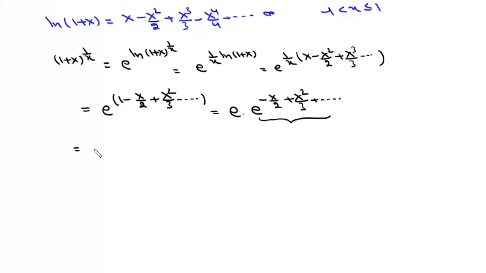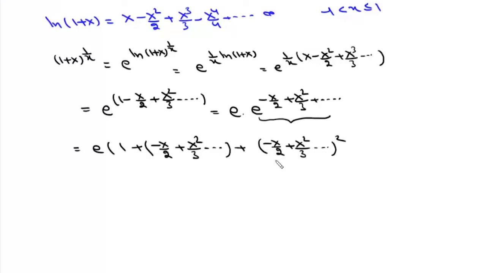So now we can write this as e times 1 plus x, and x in this case is minus x by 2 plus x square by 3, plus the whole square upon factorial 2 of minus x by 2 plus x square by 3, and then higher powers of x.